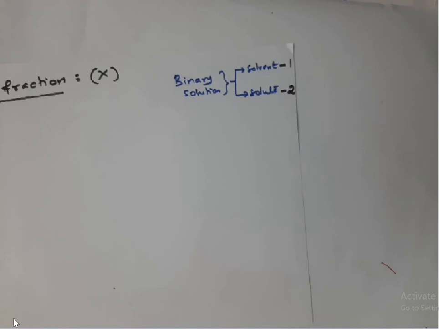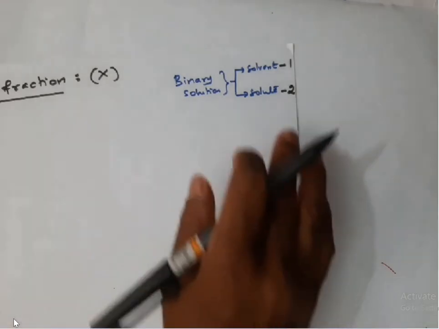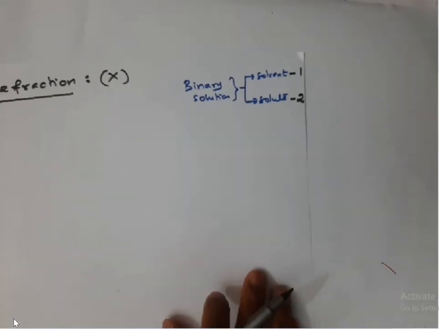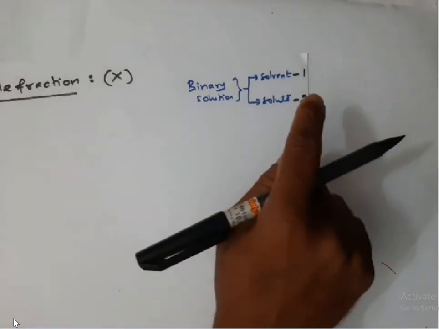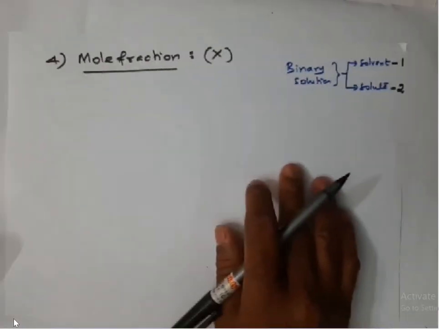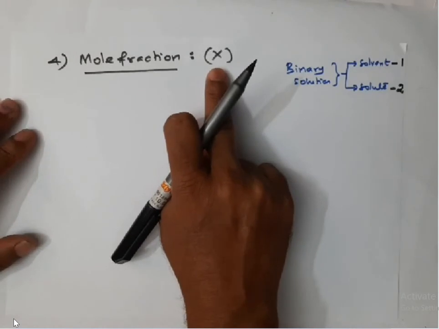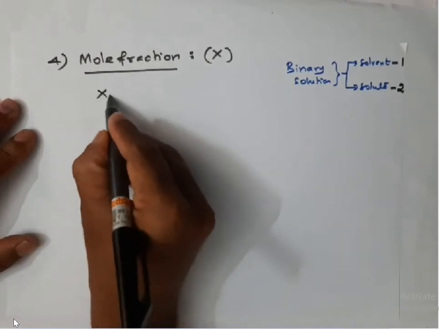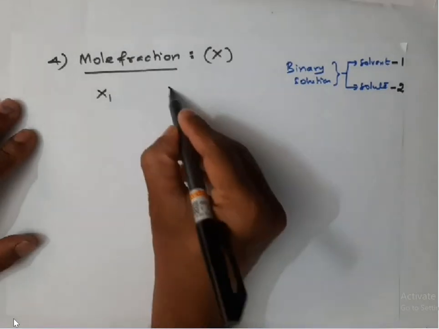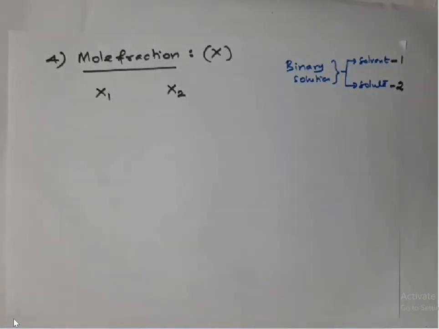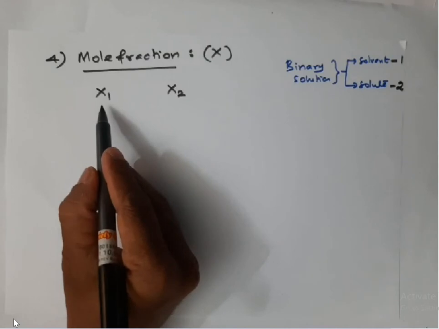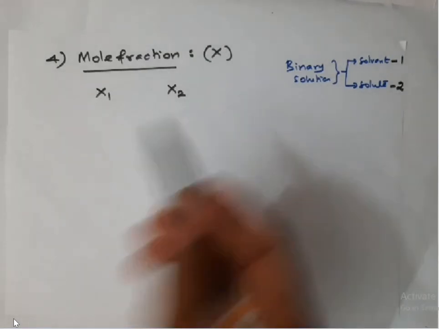Keep this in mind. Most chemistry books follow this usual way of representing solvent and solute. So for mole fraction, we represent mole fraction for solvent and mole fraction for solute separately. So x1 means mole fraction of solvent, x2 means mole fraction of solute.